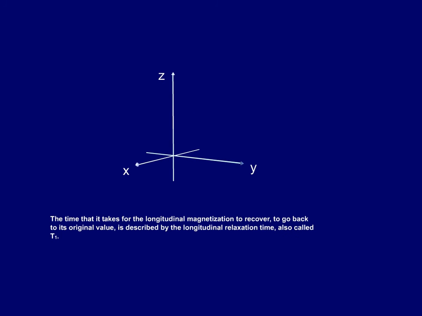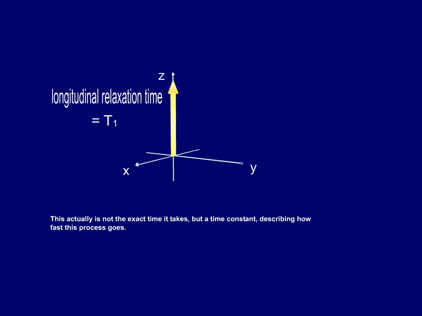The time that it takes for the longitudinal magnetization to recover, to go back to its original value, is described by the longitudinal relaxation time, also called T1. This actually is not the exact time it takes, but a time constant, describing how fast this process goes.